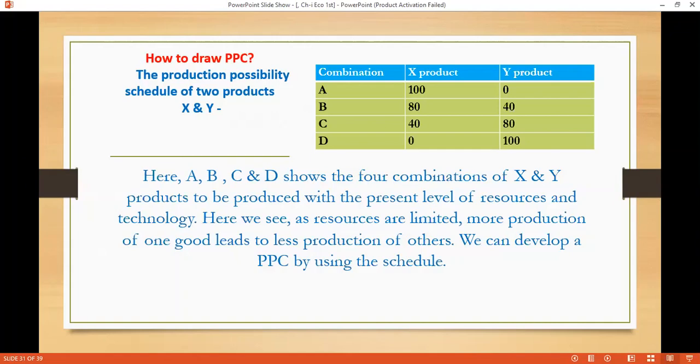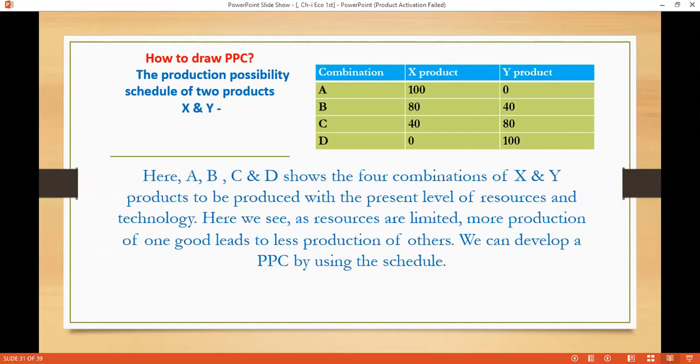Here we see that as resources are limited, more production of one good leads to less production of the other. See in the Y product, when there is an increase of Y product, that is from 0 to 40, 40 to 80, 80 to 100, accordingly X product is decreasing from 100 to 80, 80 to 40, 40 to 0.